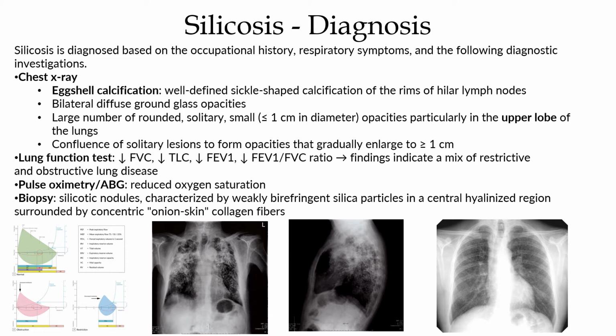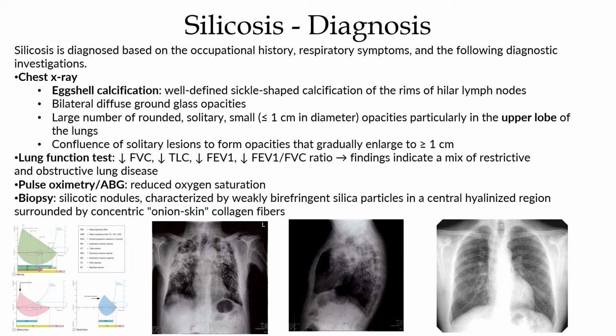Lung function test: FEV decreased, TLC decreased, FEV1 and FVC ratio, all of them are decreased. The findings indicate a mix of restrictive and obstructive lung disease.